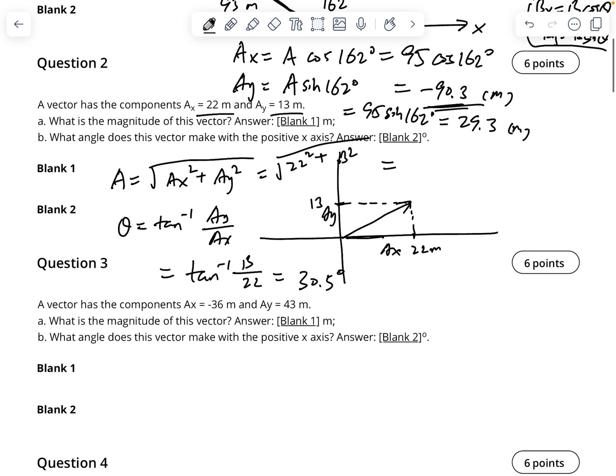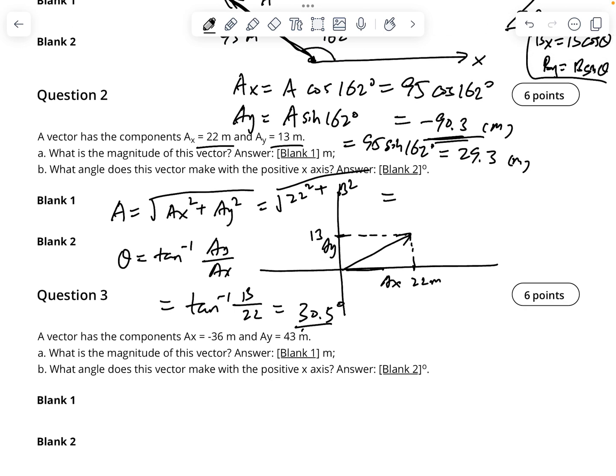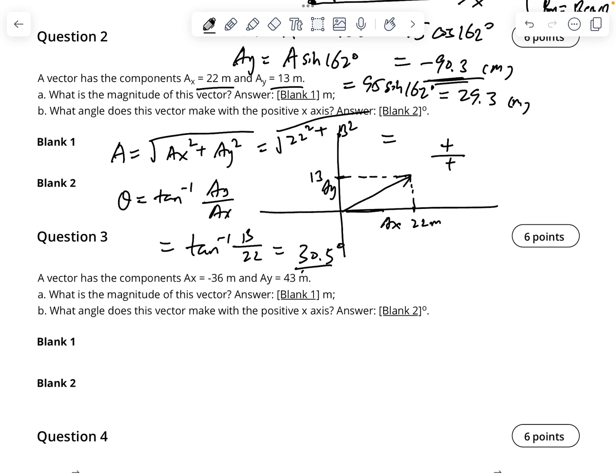Now you have to check if this is the right angle. For a first quadrant angle, the y component is positive and the x component is positive. And also, if you get this angle but it's in the third quadrant, both of them will be negative.